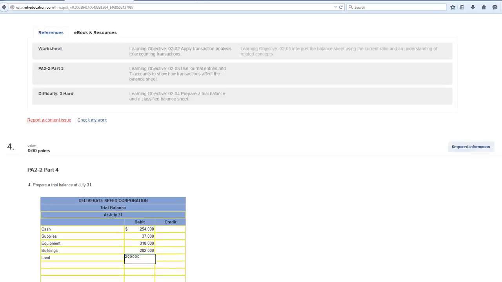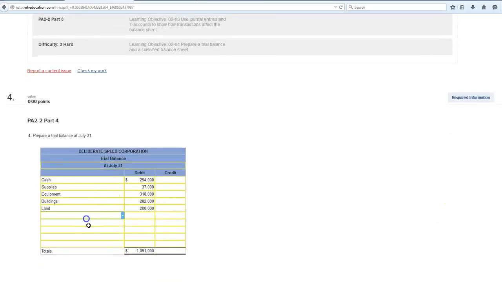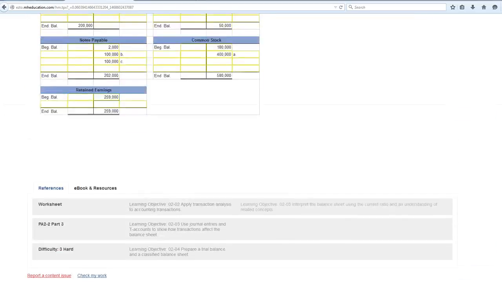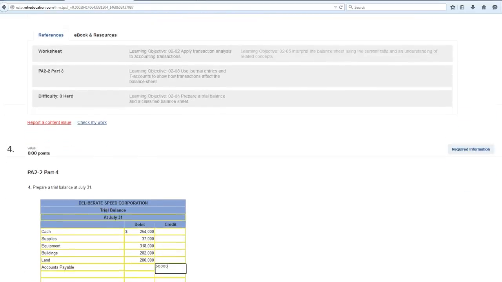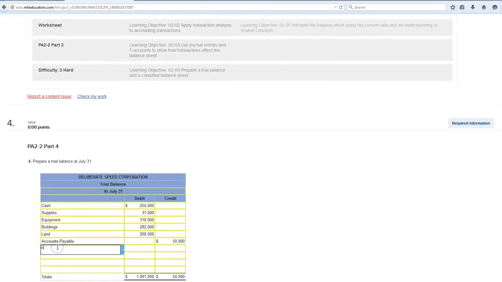Accounts payable, credit balance of $50,000. Notes payable, credit balance of $202,000. That was a long term.